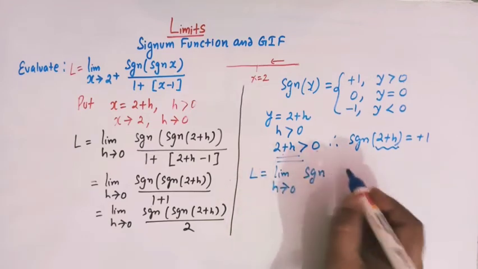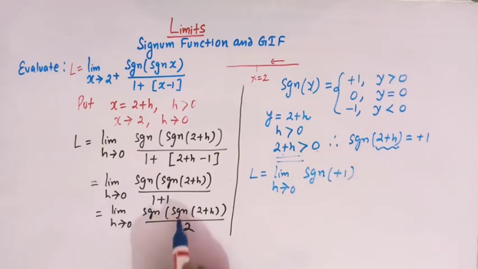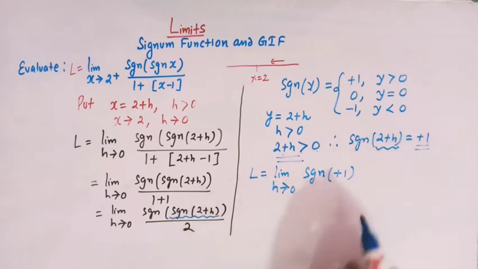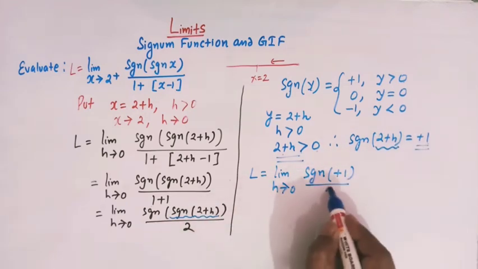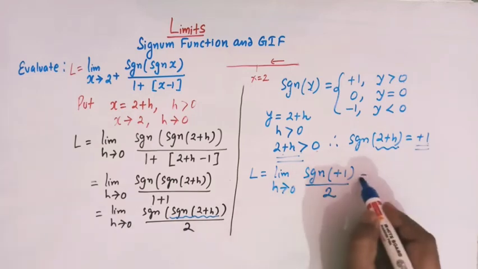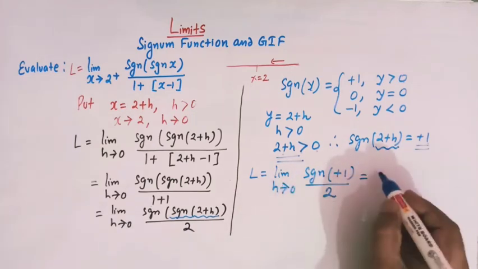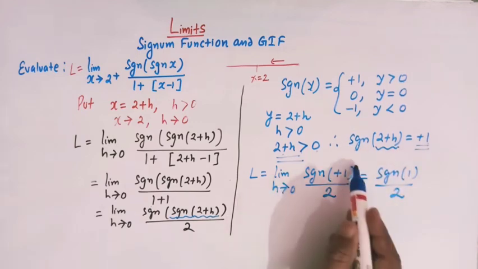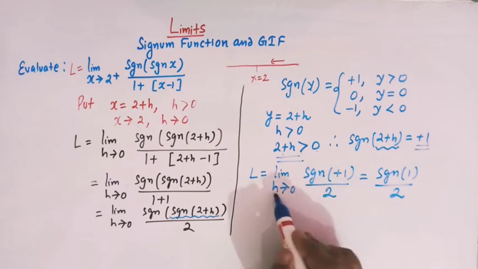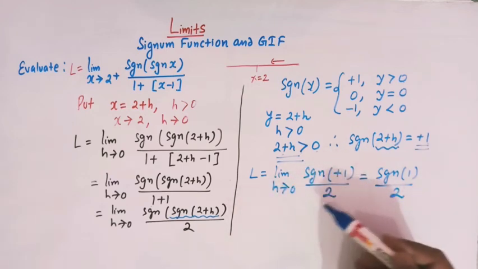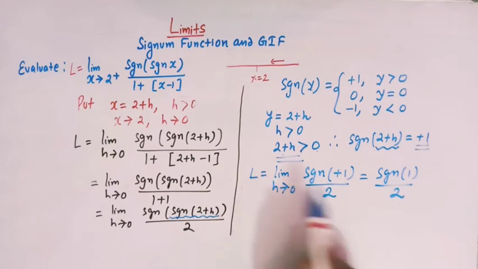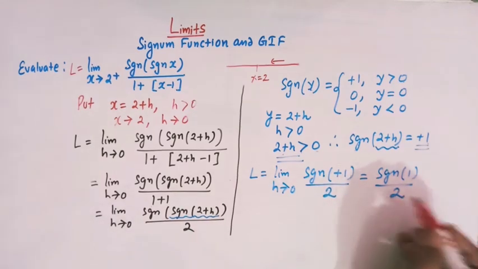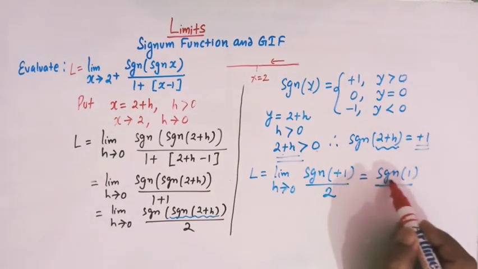So now this limit L is limit h tends to 0, with signum of 2 plus h replaced by plus 1, and in the denominator we have 2. Now this limit is equal to signum of 1 over 2, because we do not have any term involving h. Now let us see the value of signum of 1.